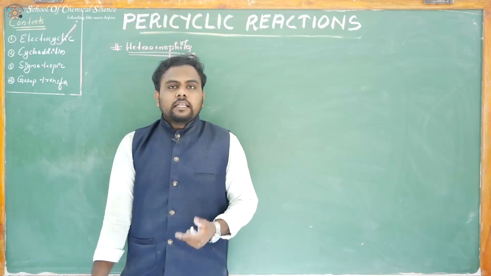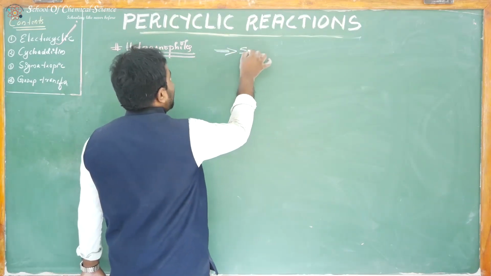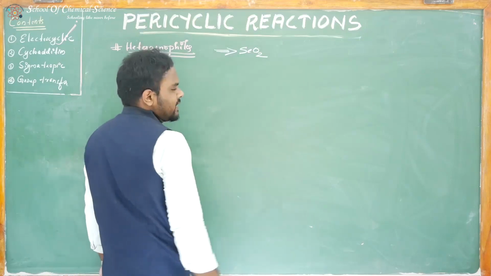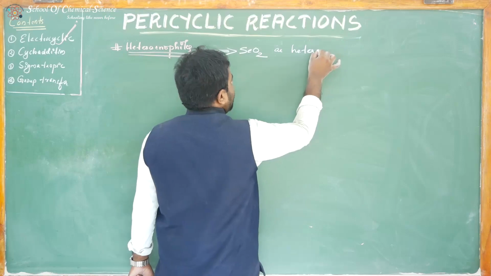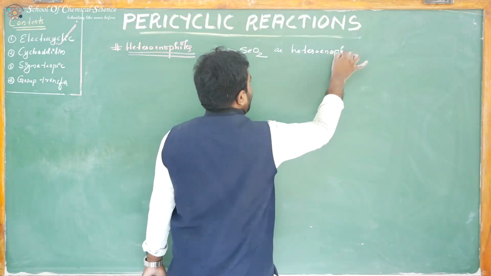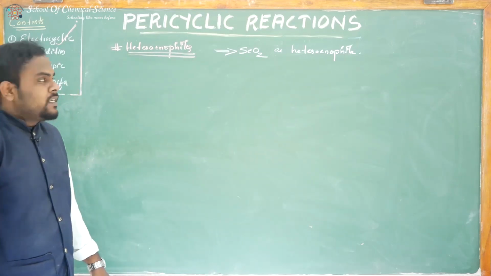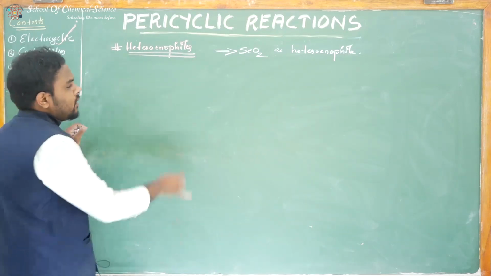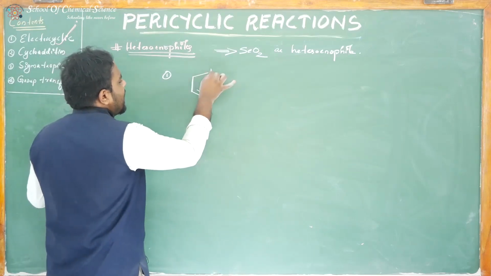Okay, then selenium dioxide is a useful reagent. Selenium dioxide as heteroenophile. It's a very useful reagent. For example, you have an allylic system, with an allylic hydrogen.